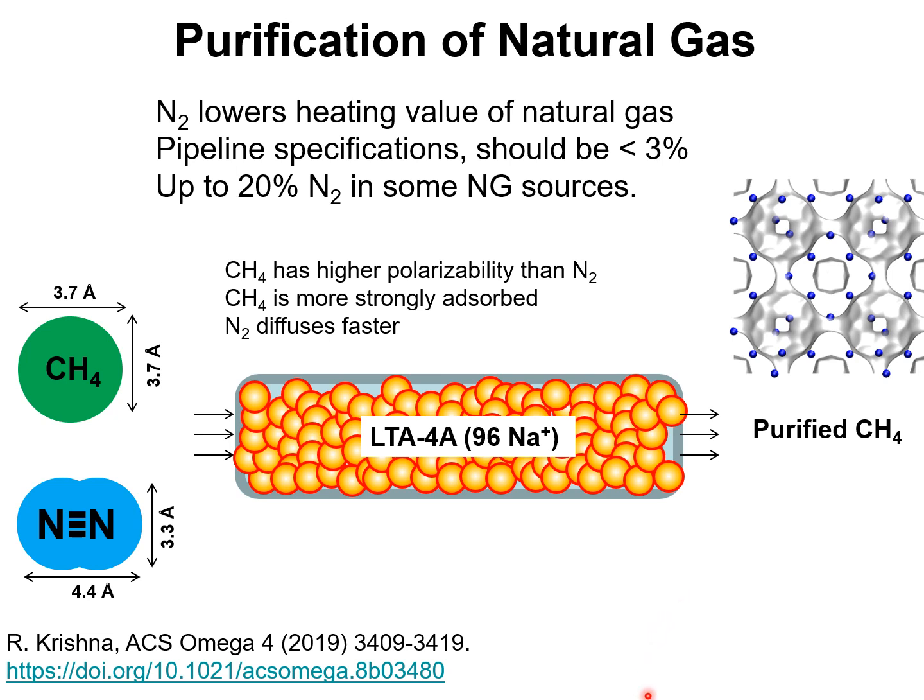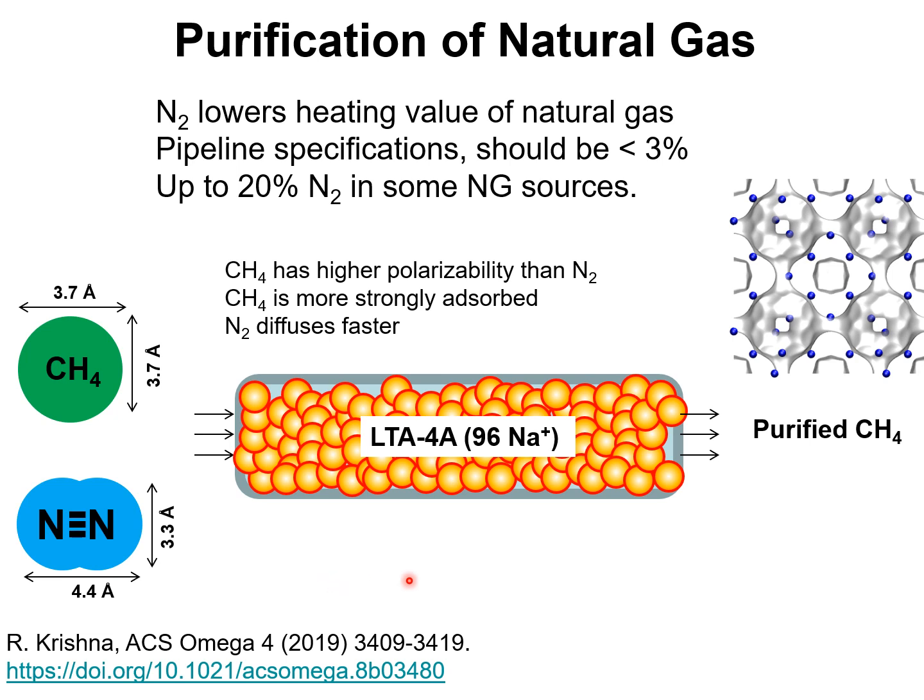This separation is usually carried out in fixed beds. Now, in most adsorbents, methane is more strongly adsorbed because methane has a significantly higher polarizability than nitrogen. But if we use 4A as an adsorbent, due to the window blocking by the sodium cations, the diffusivity of nitrogen is significantly higher than the diffusivity of methane.